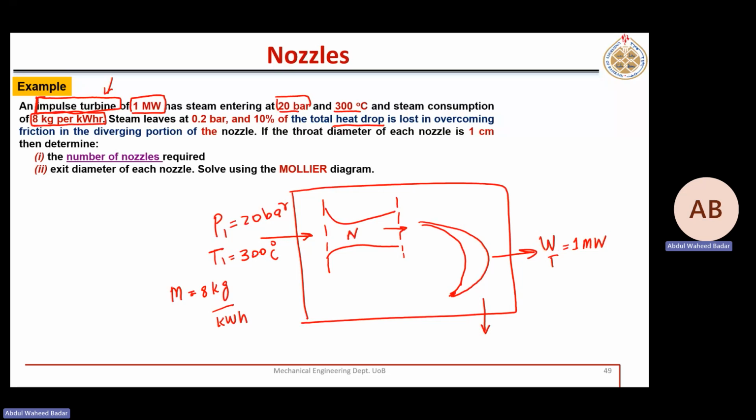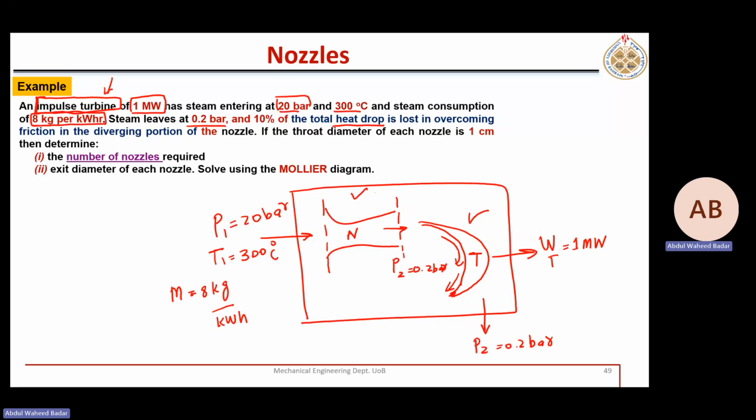That is what is happening in an impulse turbine, but in a reaction turbine, it is not like this. Some pressure drops in the nozzle, some pressure drops in the turbine blade because their turbine blades are also nozzles. But in the impulse turbine, it's not like this. So here, steam leaves at 0.2 bars. Actually, it is leaving the nozzle at 0.2 bar. But if we neglect frictional losses, it will be leaving at 0.2 bar from this turbine also.